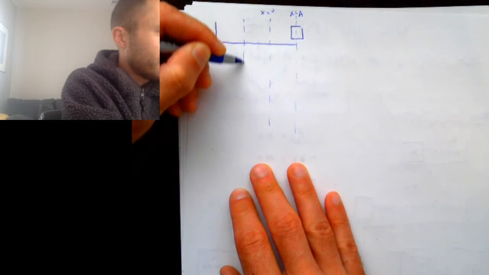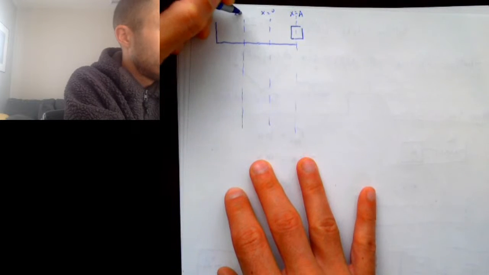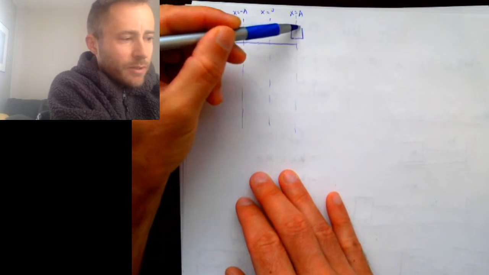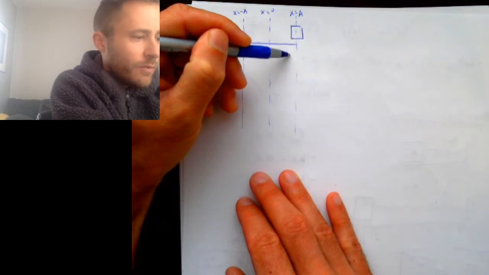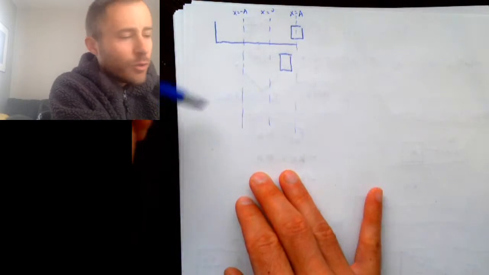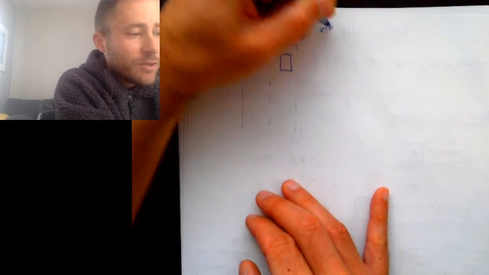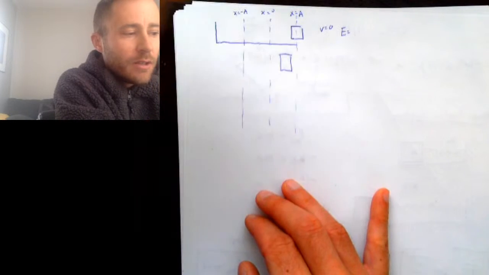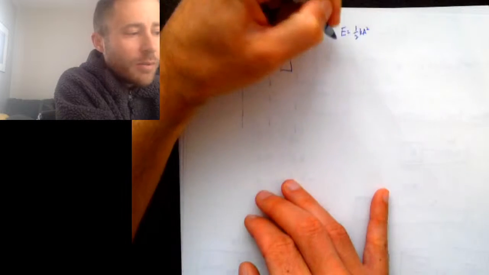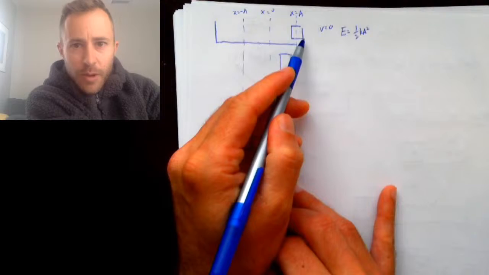And here is x equals minus a. What's going to happen is the mass is going to start to move this way. When the mass is at its extreme point, its velocity is equal to 0, and the energy is 1/2 k a squared. So it's all potential when it's at its extreme point.